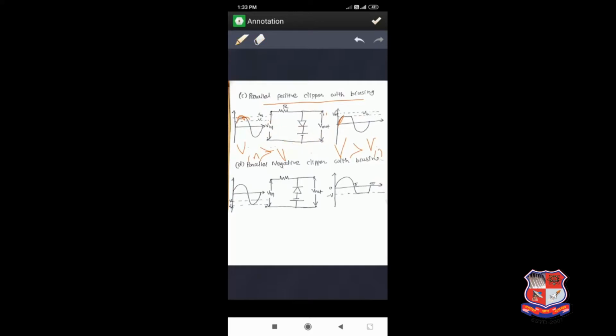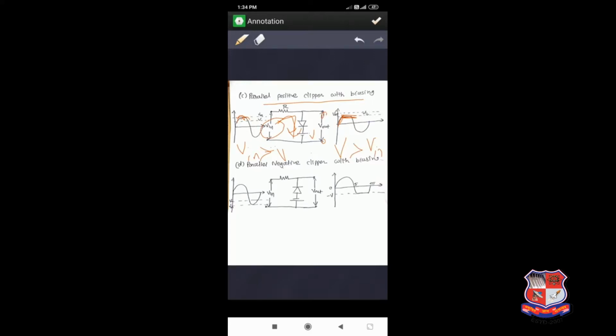Then this input voltage causes the diode to be in forward bias, and current flows through it, but due to the battery, the output voltage is equal to the battery voltage. Remember that in a parallel circuit, if the diode is in reverse bias, it acts as an open switch and we get output, and in a series circuit, if the diode is in forward bias, then we get output.